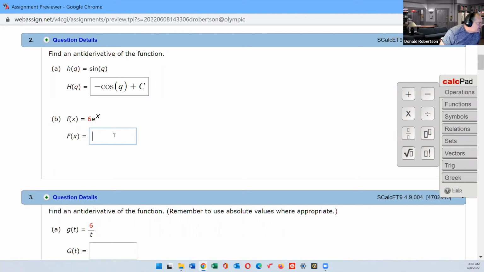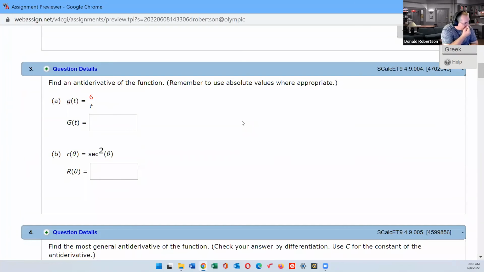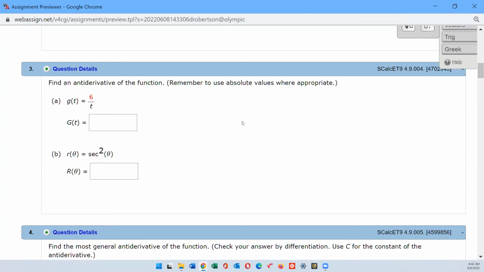What is the antiderivative of 6 e to the x? We'll see. What's the antiderivative of 6 over t? You remember that's a special case. 6 over t.